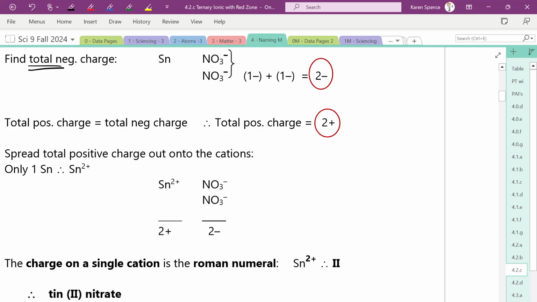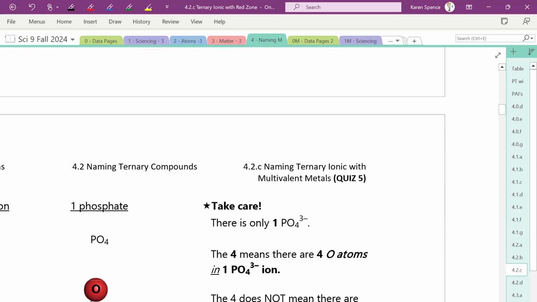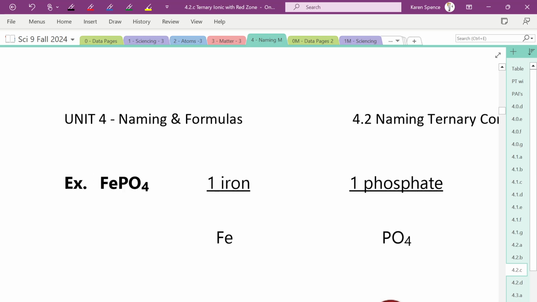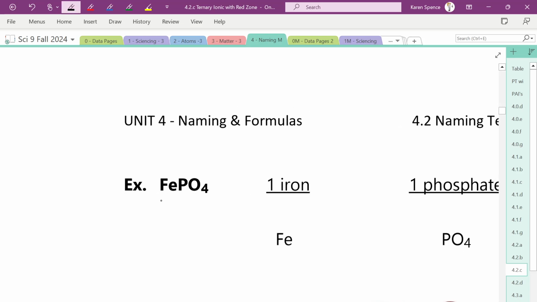Okay. Let's try another one. Here we go. We have FePO4. This kind is one of the ones that tricks students very often. How many iron? Yes, there's just one. How many of this polyatomic ion?